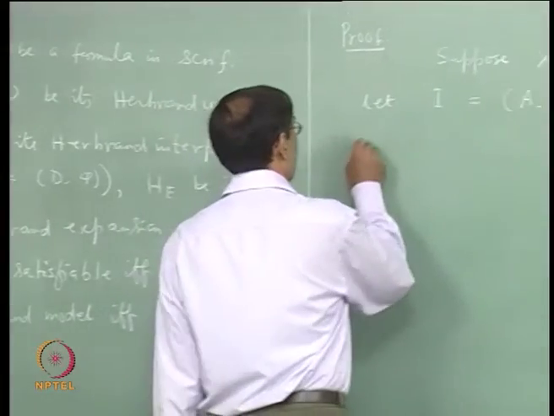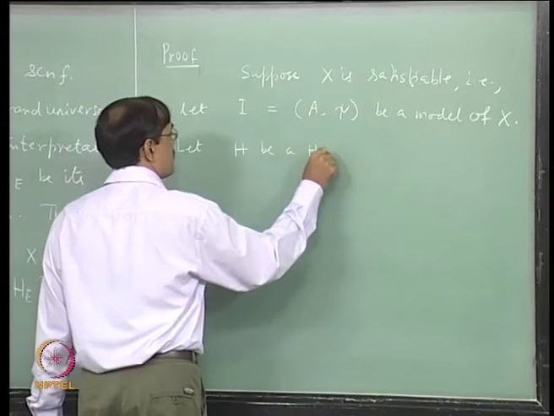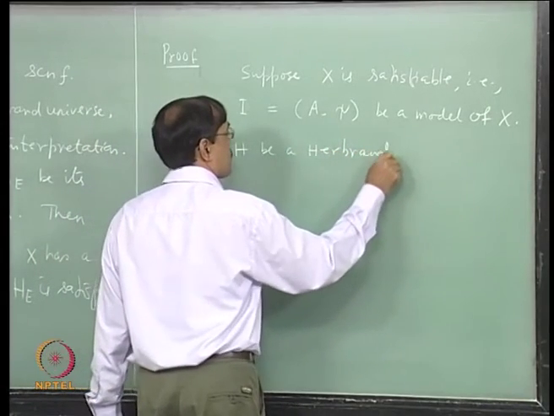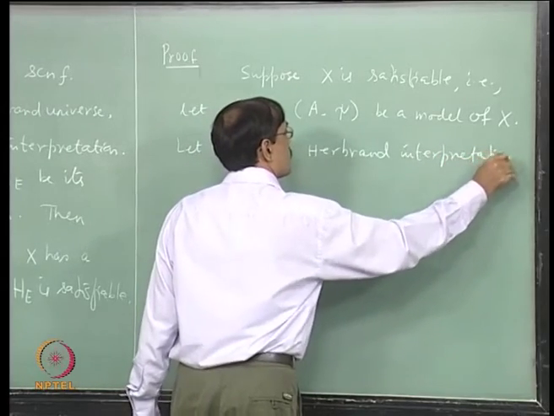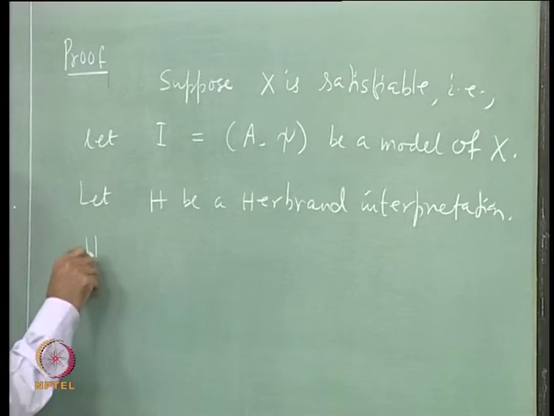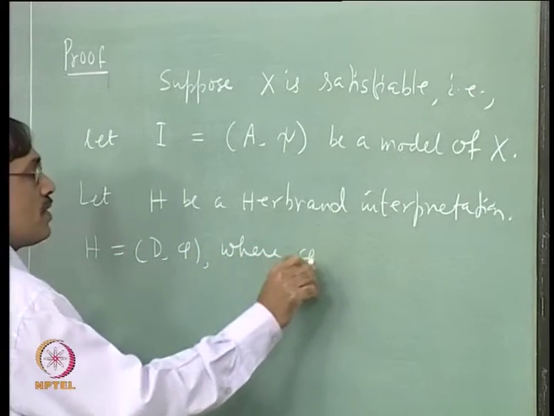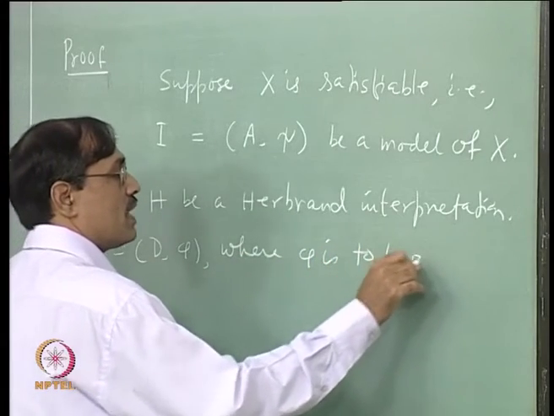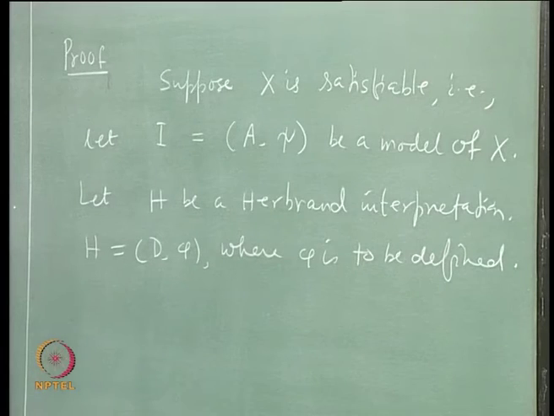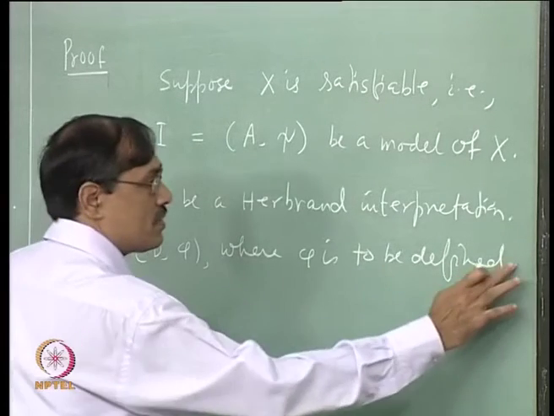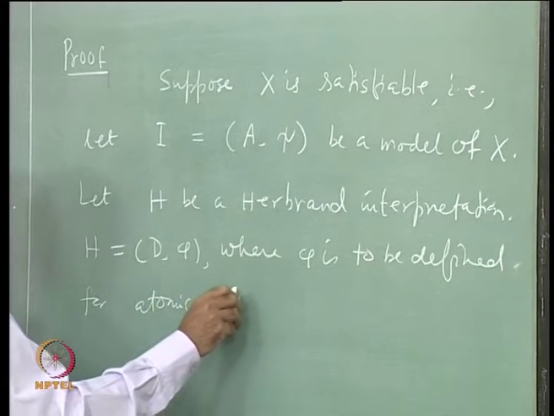So, we start with, let H be a Herbrand interpretation. So, H equal to, let us write D, phi, where phi is to be defined, right, defined for atomic formulas.